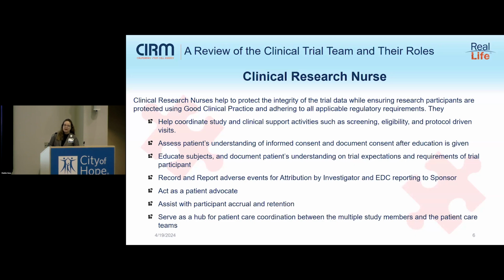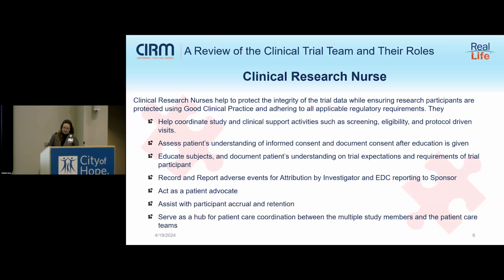We're creating research education guidance documents to make sure that they know what they're doing and understand the study before they infuse the patient. And the CRN is the one responsible for making sure that that education is there. We're also documenting what happens at the visits on a clinical research note, making sure that our AE logs are up to date with graded AEs so that the PIs can attribute that.